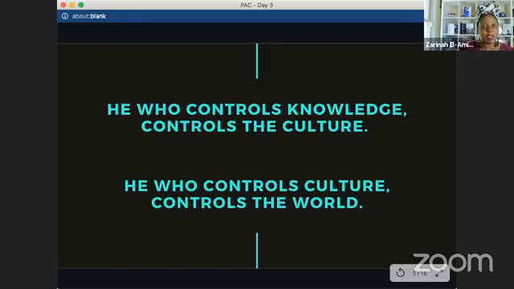Now, UNESCO, the United Nations educational group, says that education is the catalyst for change in our society. And if you think about that, education being the catalyst for change, knowledge being the catalyst for change, knowledge controls the culture.